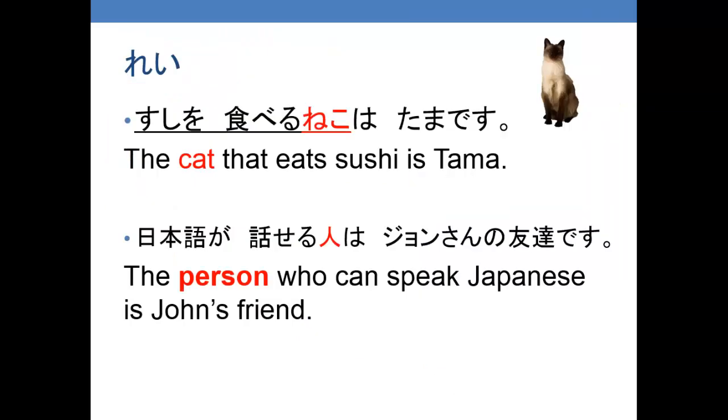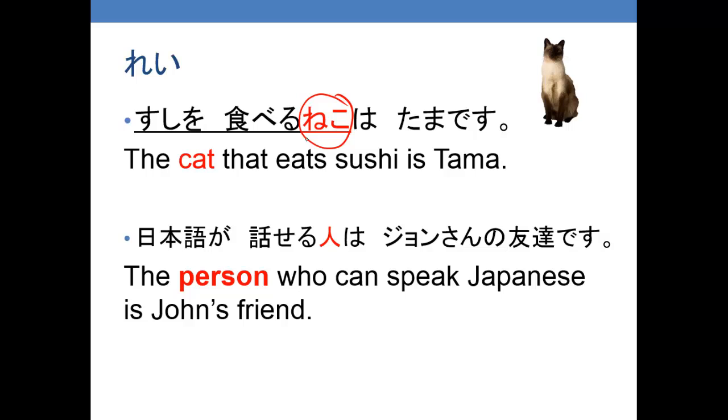Some further sample sentences. The first one is quite simply giving a noun to describe what something is, whereas the second one is of greater explanation to finish the sentence. So, sushi o taberu neko wa Tama desu. The subject of the sentence is in the middle here. It's the cat. We're trying to work out which one we are talking about.